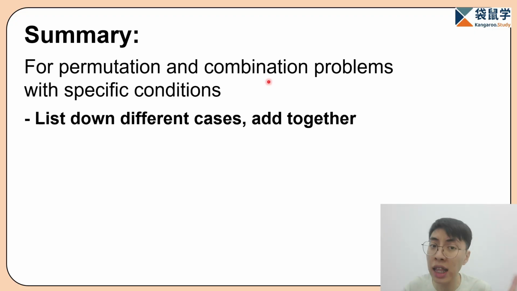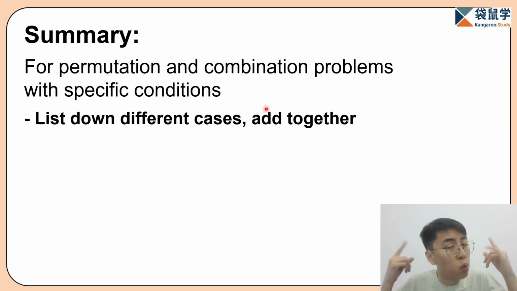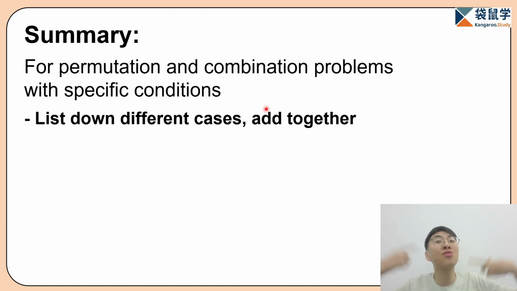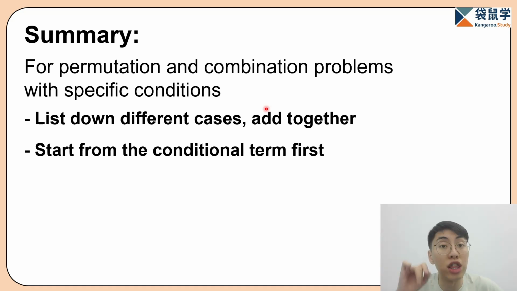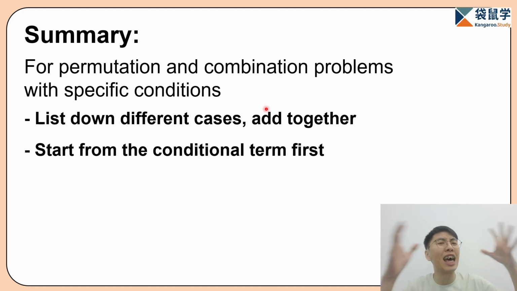And the second thing is that when there are specific conditions, we try to solve those specific conditions first to ensure that they are catered to, and the rest of our answer will not affect it. So we have to start from the conditional term first. And that is all of the summary that we have for this type of question.